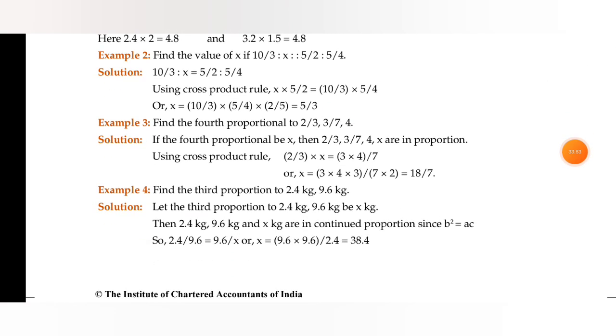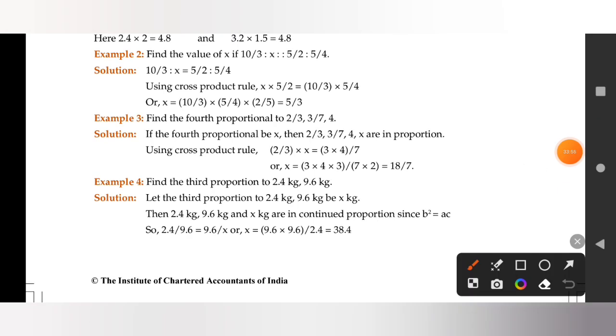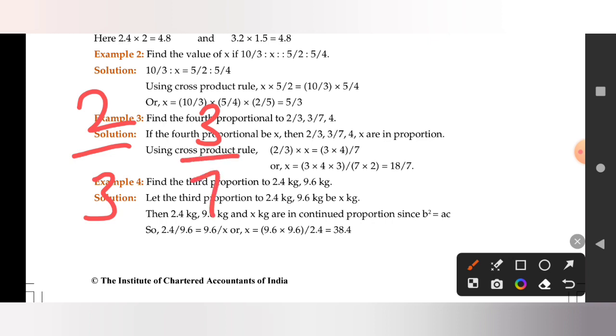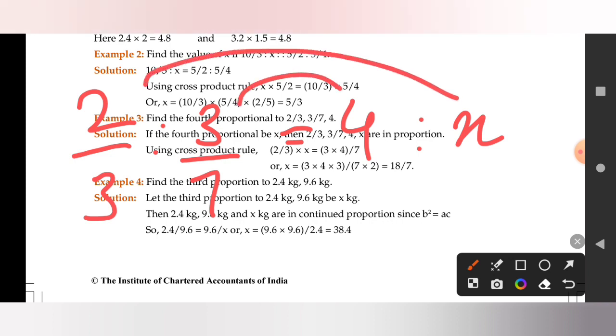Next question, example 3. Find the fourth proportional to 2/3, 3/7, 4 and question mark. Since fourth proportional is asked, these are all equal. So how are you going to answer this? You know, product of extremes is equals to product of means.